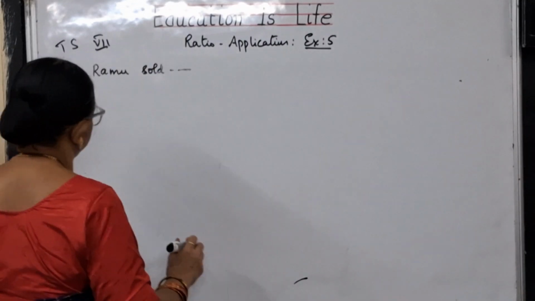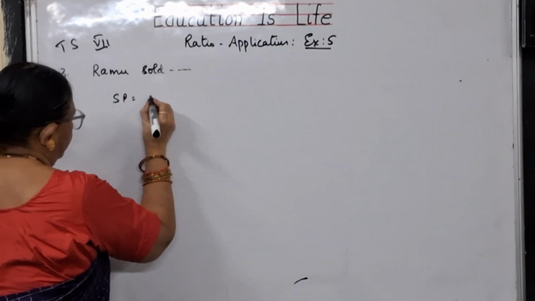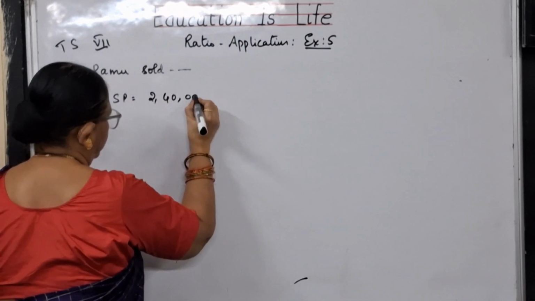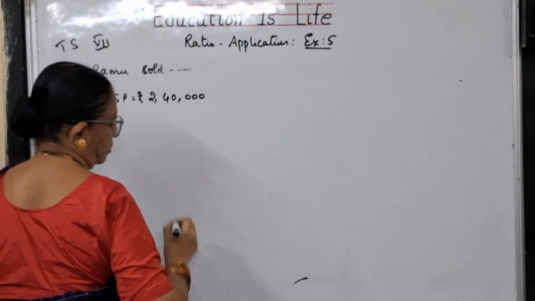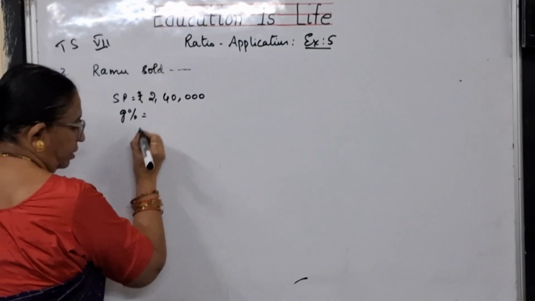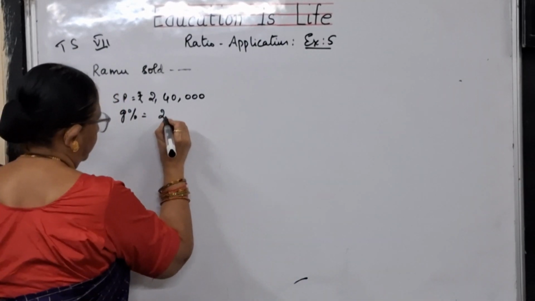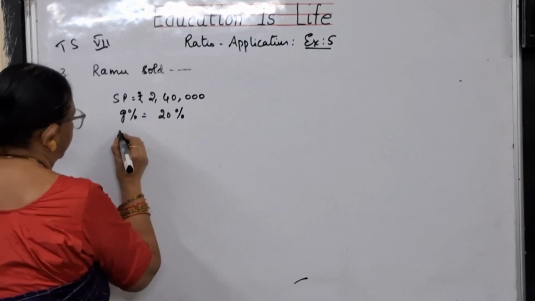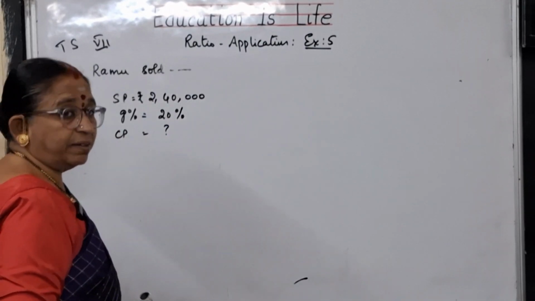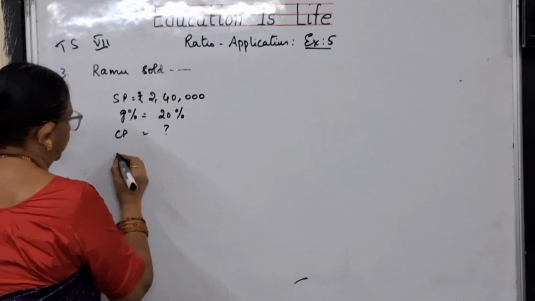Selling price is 2,40,000 rupees and gain percentage is given as 20 percent. Now cost price is how much? Previously I have given you the formula, children.